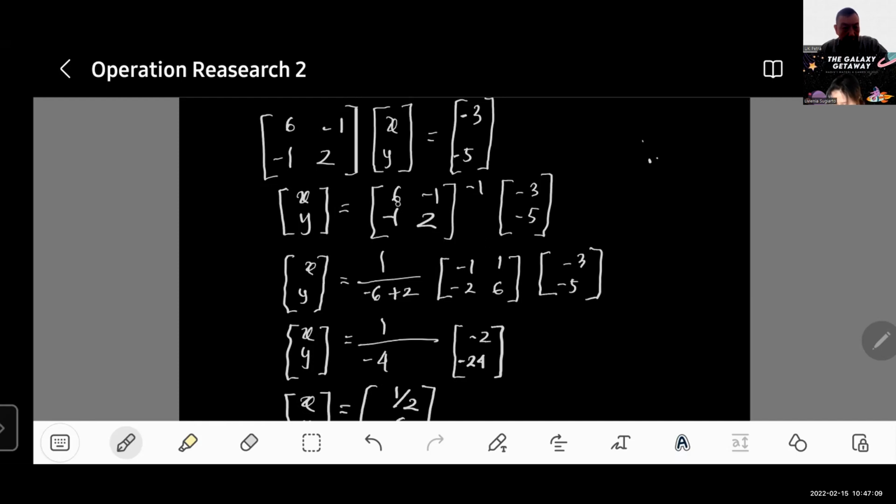Yeah, the determinant is 11, so 1 over 11. Right? That one should be okay. Here we should flip, and this one is 1, 1, 6.